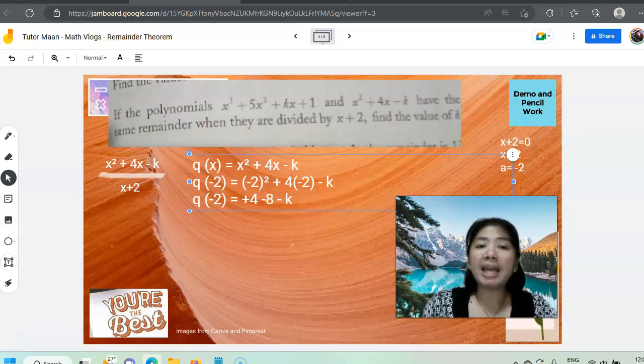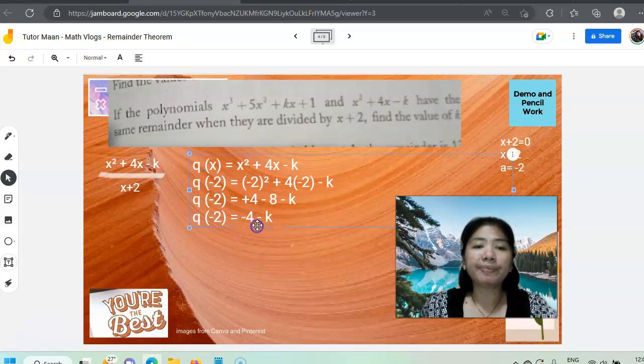When multiplying a positive factor with a negative factor, the product is negative. And then combine positive 4, negative 8, that would be negative 4 indeed. So the remainder for the second polynomial is negative 4, negative k.